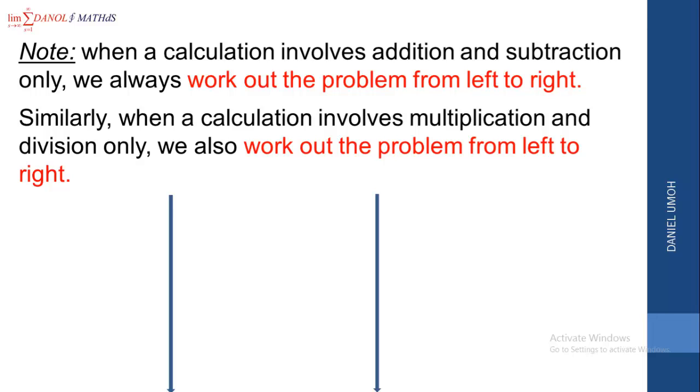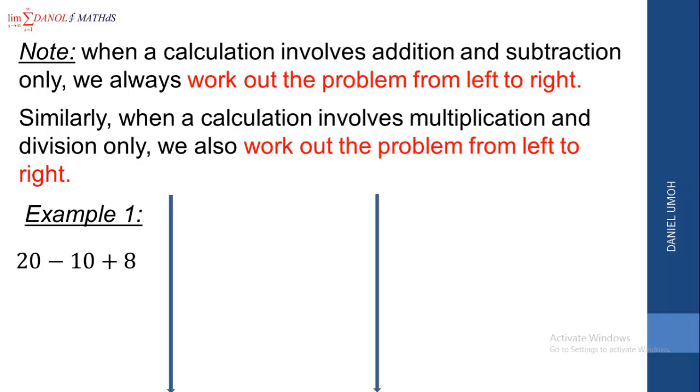Okay, let's solve some classical examples. Example 1 says, for instance, you are given 20 minus 10 plus 8. This problem involves what? Only addition and subtraction. So the rule says work out the problem from the left to the right. So we start from our left.